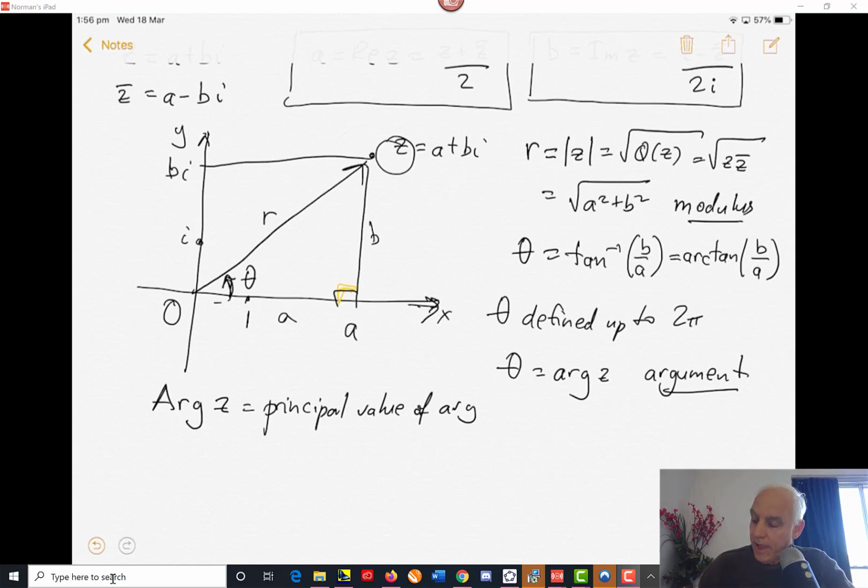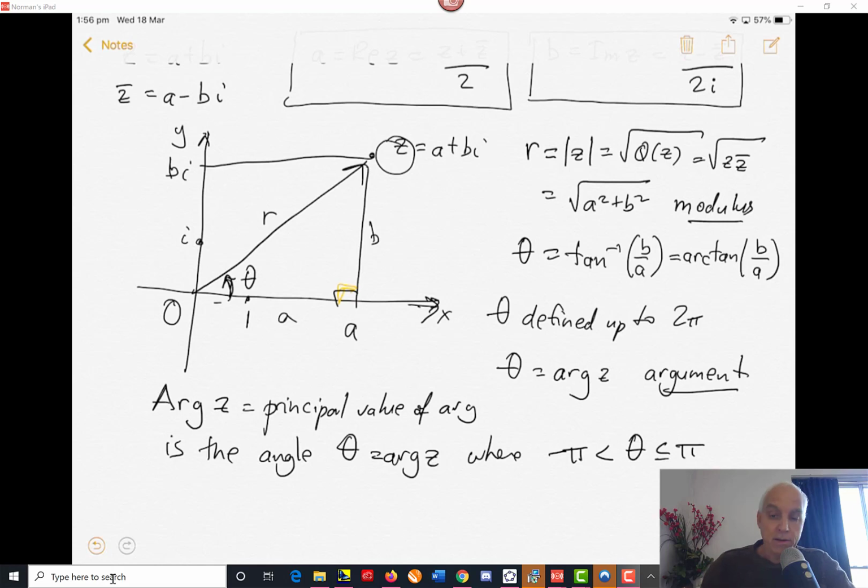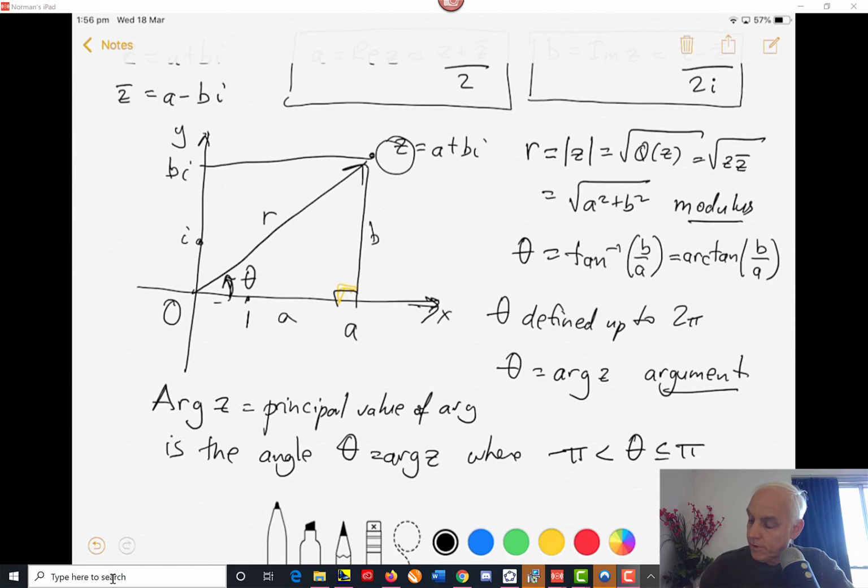This is the angle theta, which is arg of z, where the angle is strictly bigger than minus pi and less than or equal to pi.